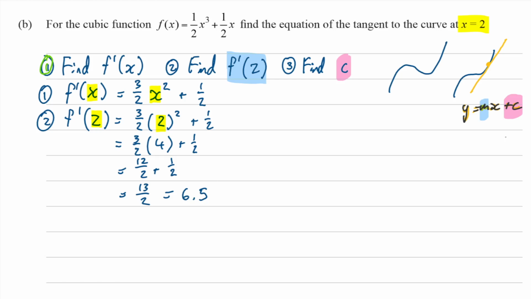So a reminder, this number here, 6.5, is the gradient of the function f at x equals 2. It is also the gradient of the tangent, because it is tangent at x equals 2.